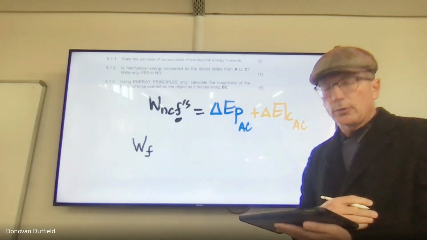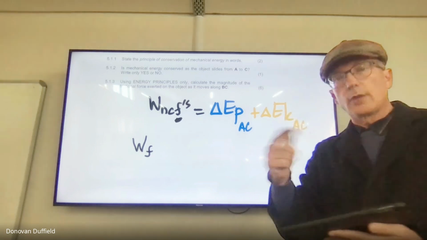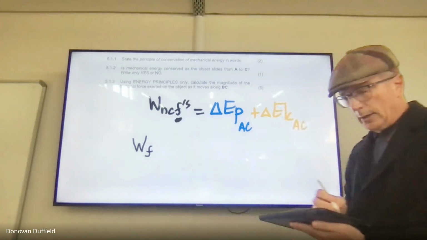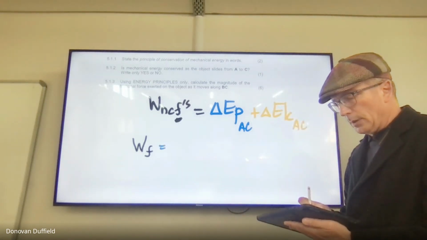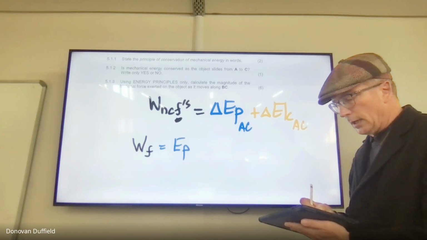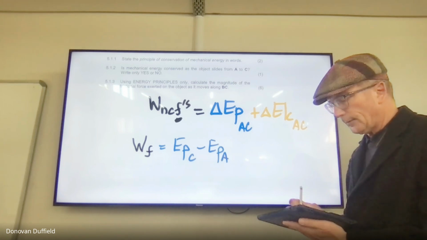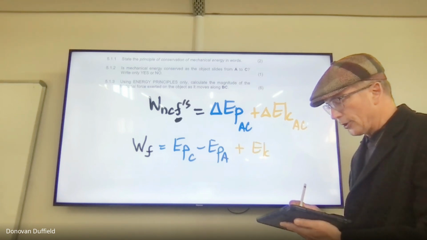There are no other non-conservative forces. There are conservative forces, gravity being it, but that's not included here. It is going to equal the change in potential energy, so that's going to be the potential energy at C minus the potential energy at A, plus the kinetic energy at C minus the kinetic energy at A.